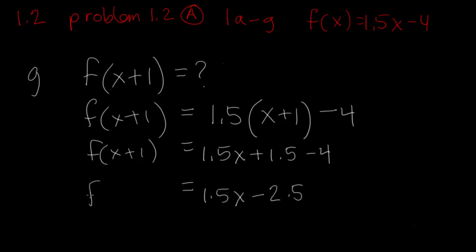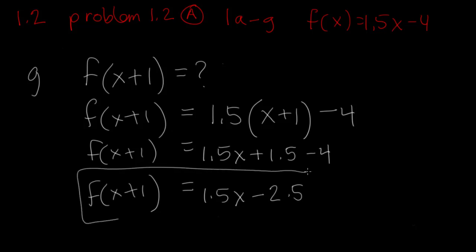So f of x plus 1 is equal to 1.5x minus 2.5. Again, with this function notation, you can see your domain value and you can see your range all in the simple notation right there.